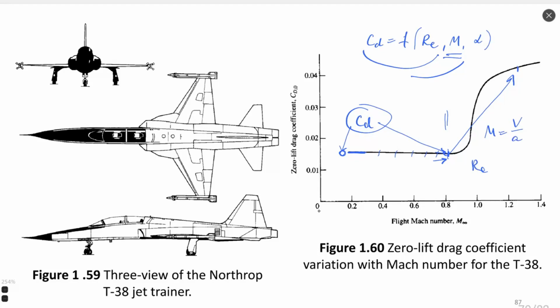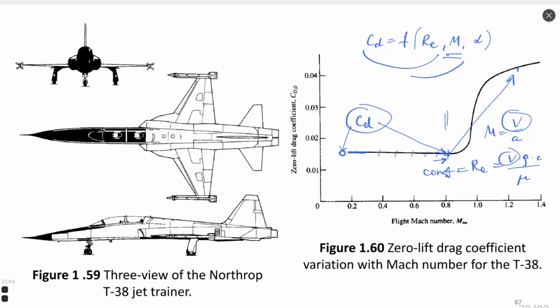In Reynolds number we have velocity, density, size, divided by viscosity. But in both of them we have velocity. When we change this Mach number, we also have to see that our Reynolds number is constant.